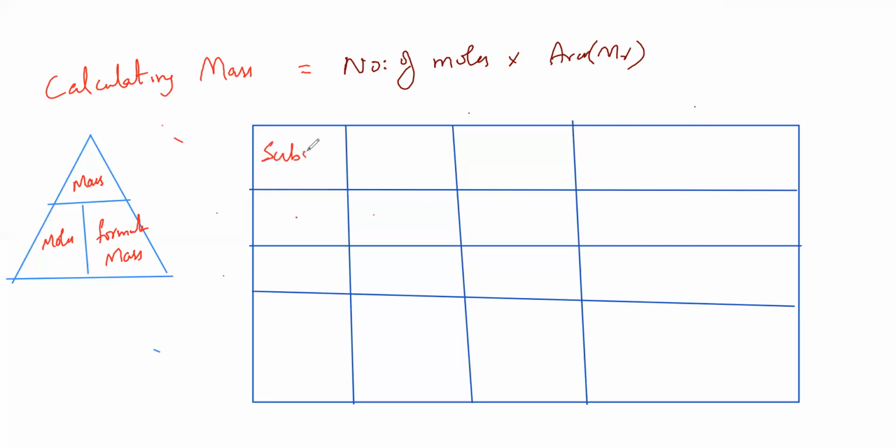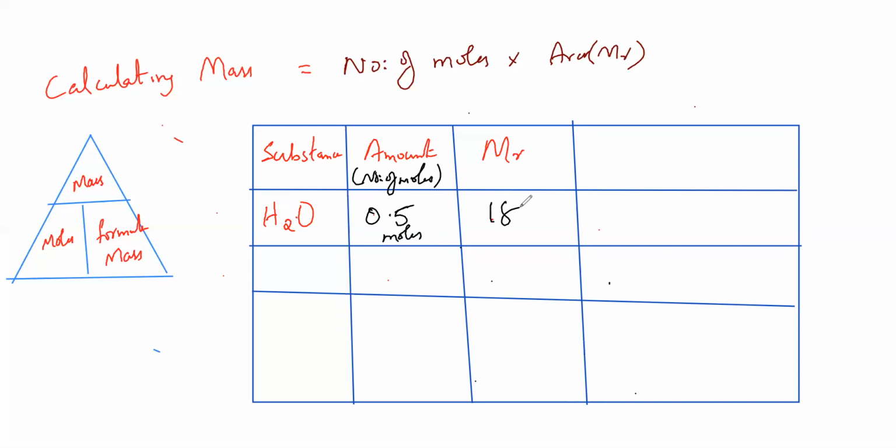Again, same thing: substance, then the amount of moles, then the MR. Let's take water itself. Important in the sense, here I'll write in bracket number of moles. So here I'll write 0.5 moles. MR is nothing but what? We all know MR of water, that is 18 respectively.